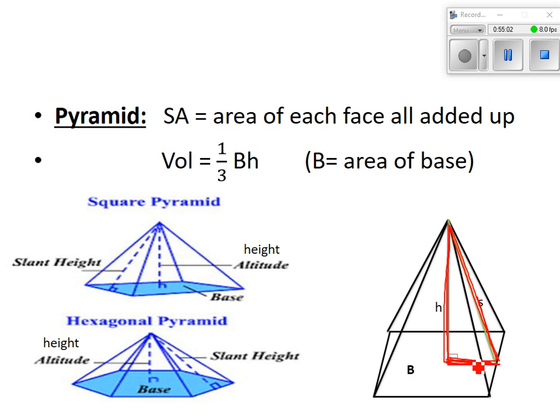So could I find this distance down here? Yeah, I could do the height squared plus whatever that is, squared, we'll call it x squared, equals the slant height squared, using Pythagorean theorem, and then I'd subtract off the height and figure out x squared.